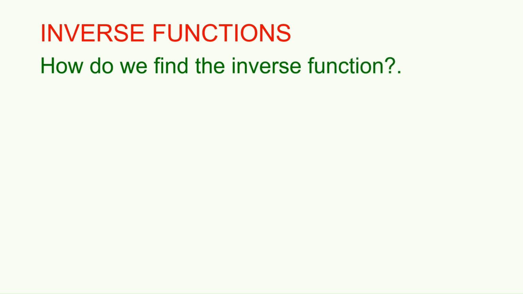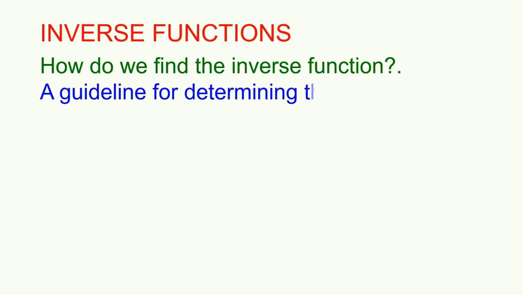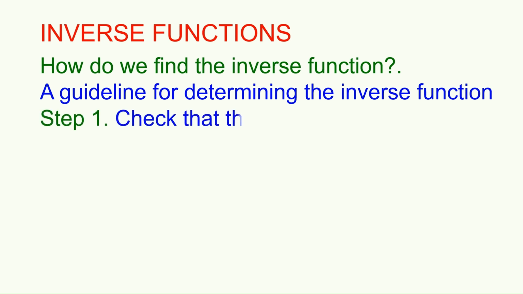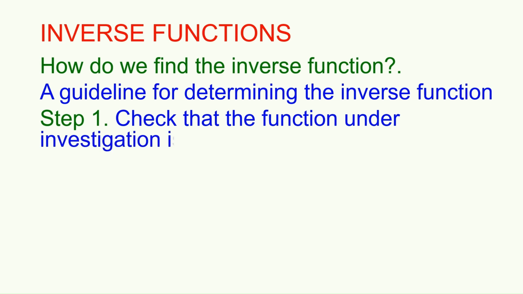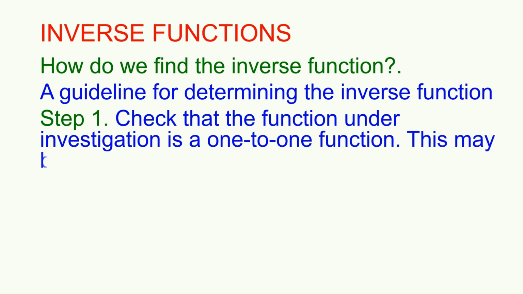How do we find the inverse function? A guideline for determining the inverse function. Step 1. Check that the function under investigation is a one-to-one function. This may be done by using a sketch of the function.